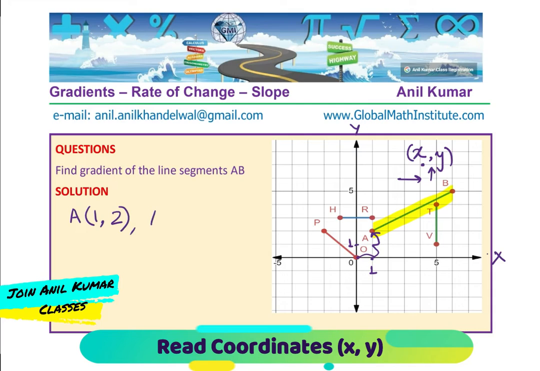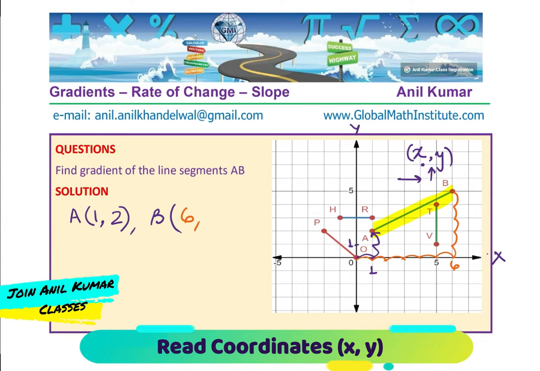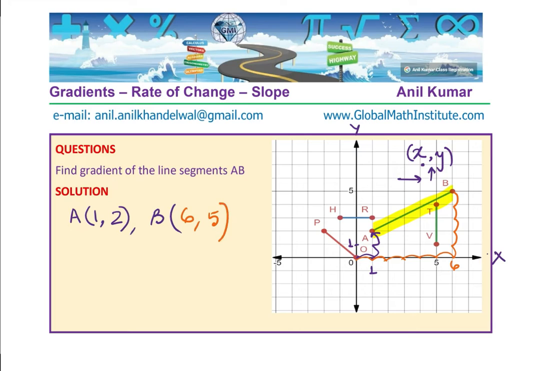Okay. Point B. Let us see how we reach point B. We go along this path 1, 2, 3, 4, 5 and one more, 6, right? So that gives you 6, and then up we go 1, 2, 3, 4, 5, and that is how we find the coordinates of point B, correct?